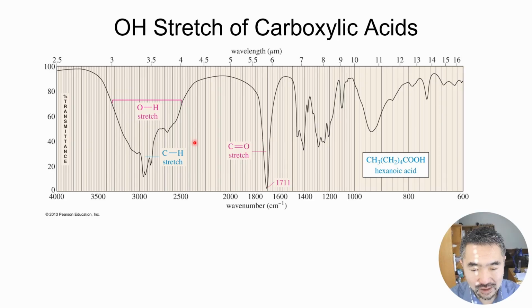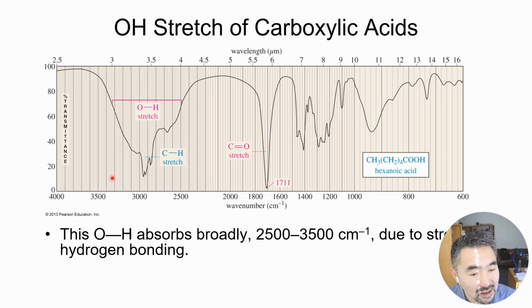Here's a spectrum of a carboxylic acid. As before, there's still an alkane part of the molecule that gives that normal 2900-something CH stretch. I want you to notice how the OH stretch of carboxylic acid is centered around 3000 instead of around 3300 for the alcohol. So that's unique.